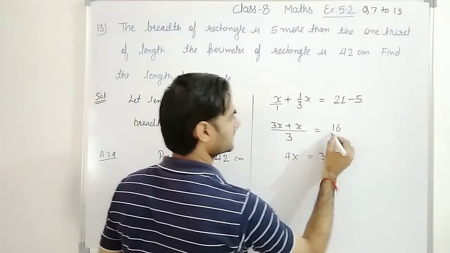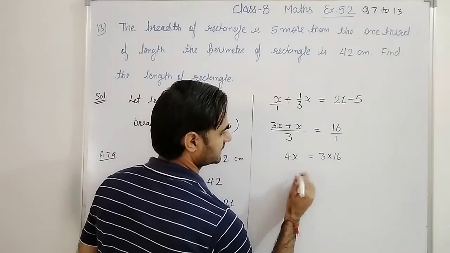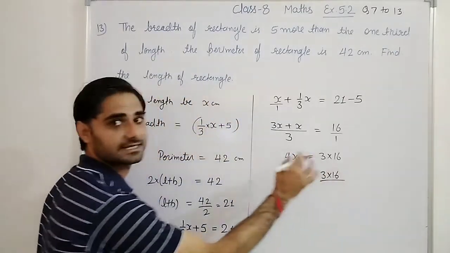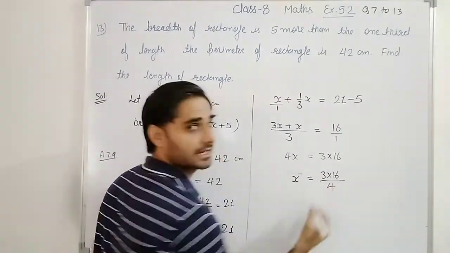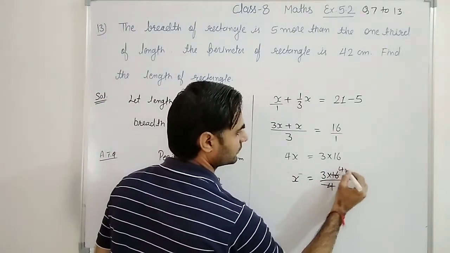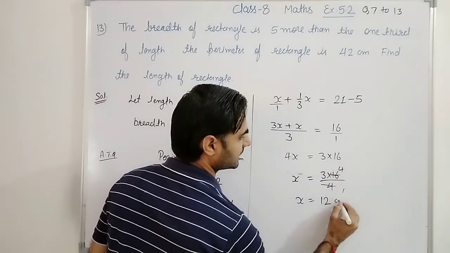Here you can take 1. So this is 4x. x will be equal to 3 multiplied by 16. Can we divide by 4? Divide by 4. Okay, so what will come? 4 ones are 4, 4 fours are 16. So x will be equal to 3 fours are 12 centimeter.